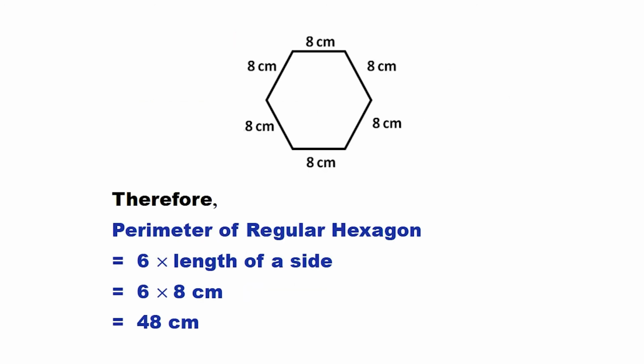In this figure, the measure of each side of a regular hexagon is 8 cm. Therefore, perimeter of regular hexagon is equal to 6 multiplied by length of a side, which is equal to 6 multiplied by 8 cm, which gives 48 cm.